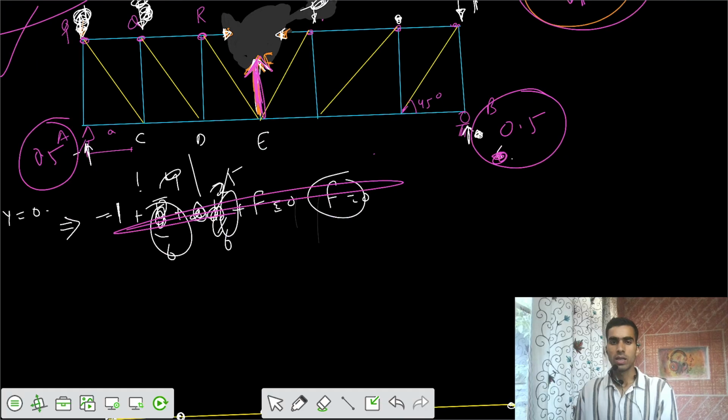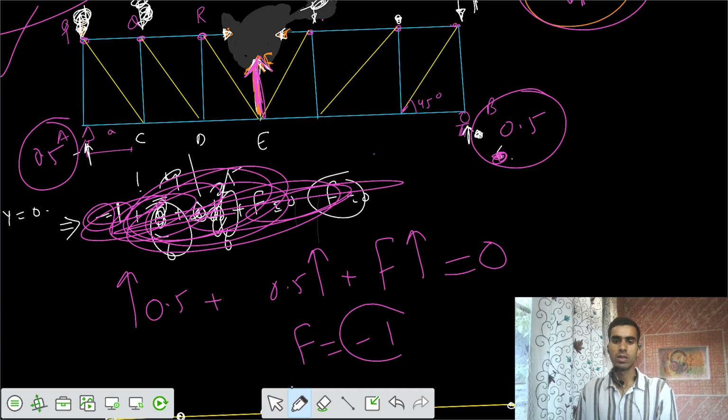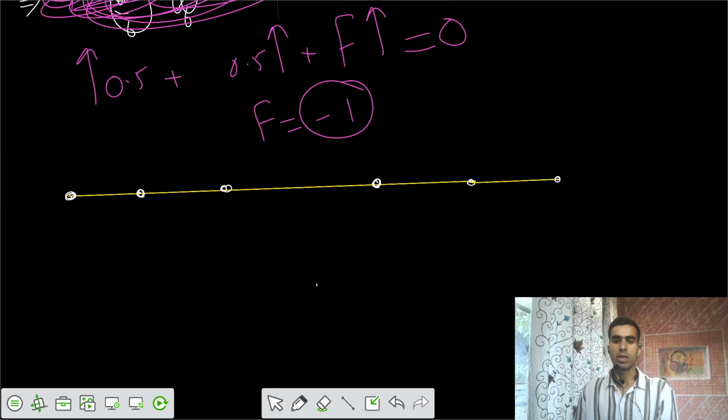In this section there is no vertical 1. So 0.5 upwards plus 0.5 upwards plus some F upwards equals 0. So F equals -1.